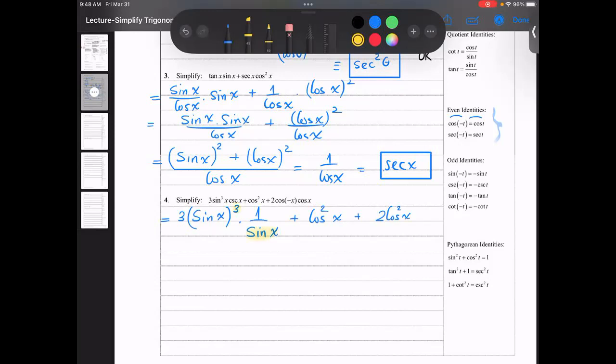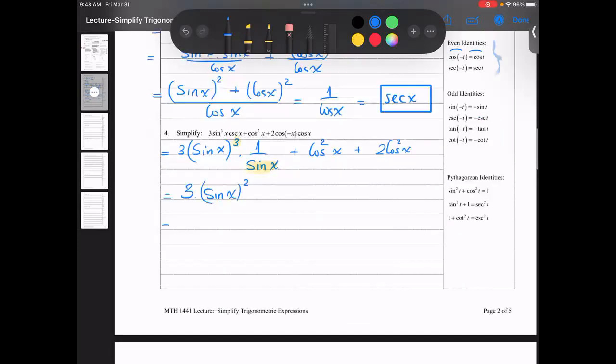You have 3 on the top, 1 on the bottom, you cancel. So it equals 3, the 3 stays the same, sine x, all of that square. Or better yet, if you want to rewrite it, you can say 3 sine square x, it's the same thing. However you write it, it's equivalent.